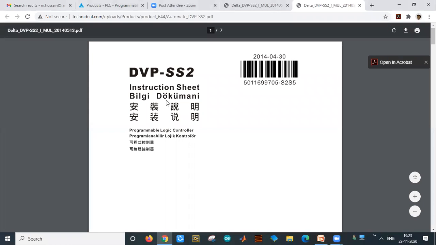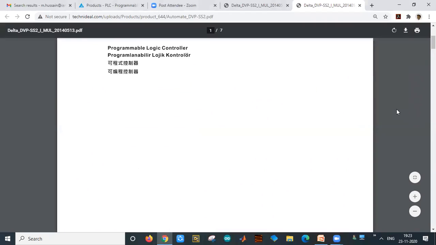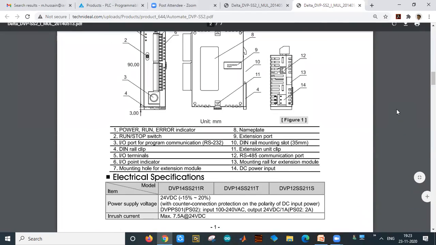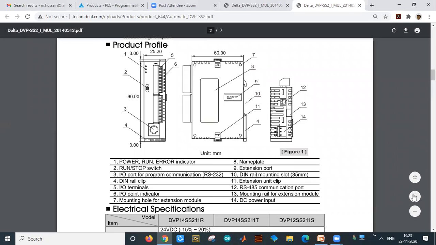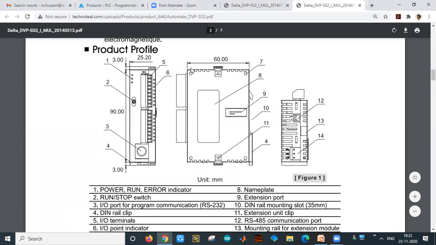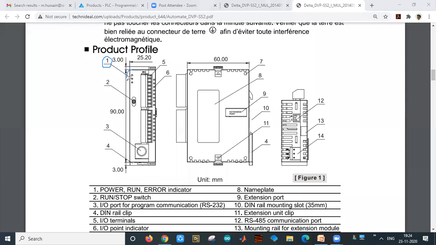So this is the data sheet or instruction sheet of the DVP SS2 model PLC. If you observe the product profile, it will look like this. See here number 1, these are the power, run and error indicators.